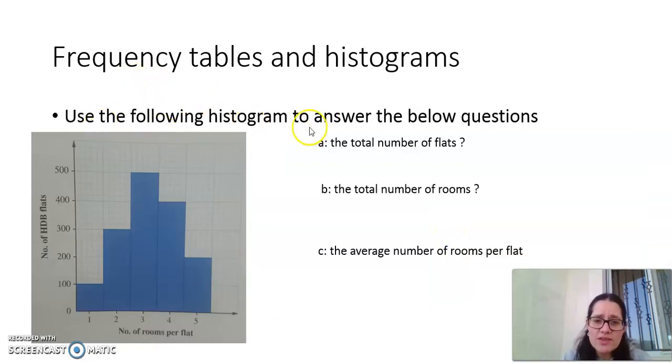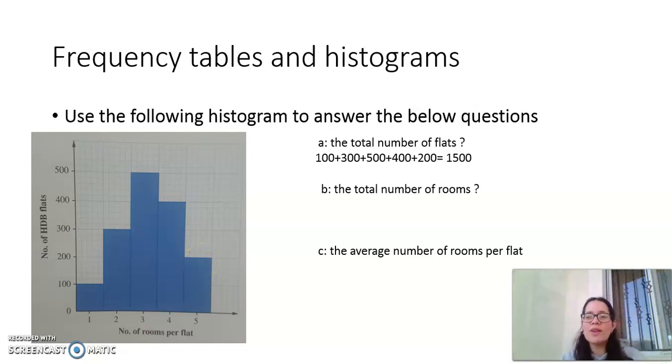Use the following histogram to answer the questions below. What is the total number of flats? Look, what is the total number of flats? Actually, 100 plus 300 plus 500 plus 400 plus 200.